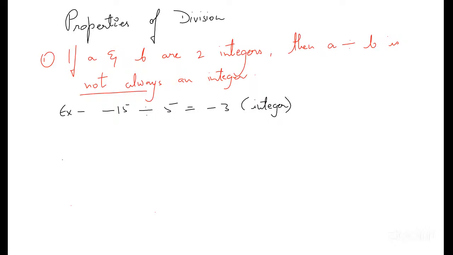Whereas, divide minus 17 by 5. We will get minus 3.4.